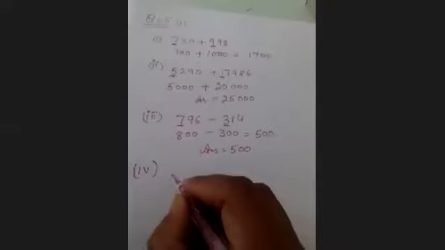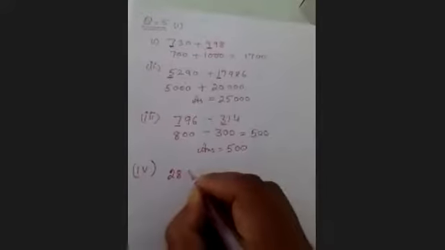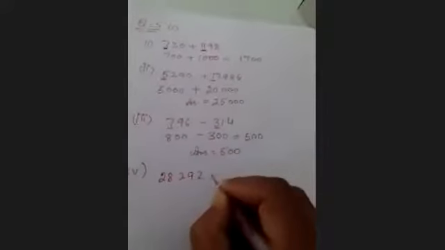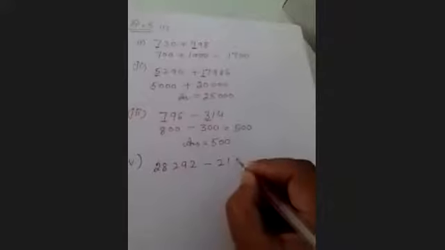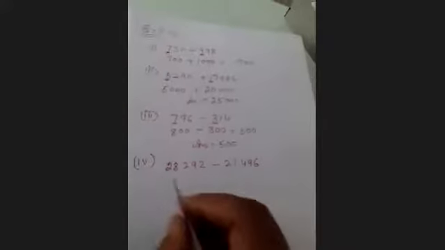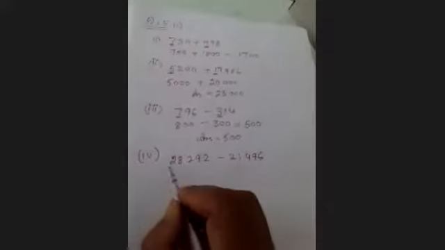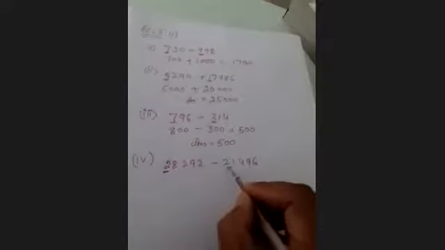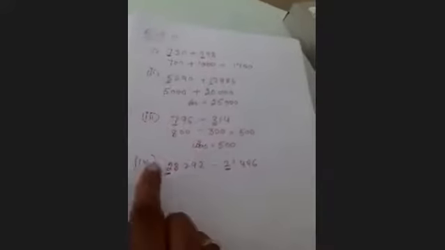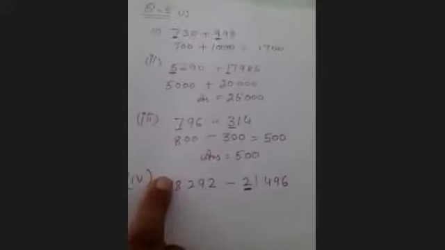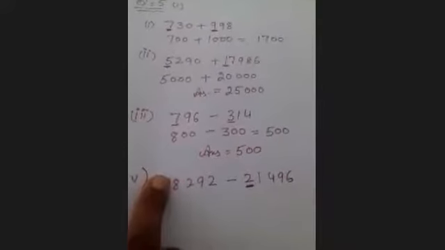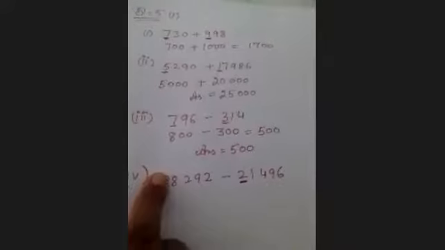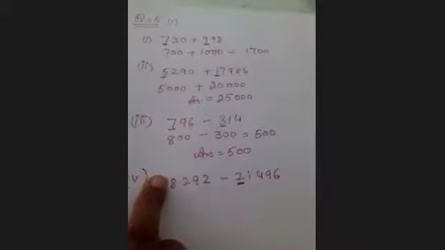Next is the fourth part. Now we have 28,292 minus 21,496. In the first number, our greatest place is 2. Put your finger on this and observe the next number. Next number is 8, so the nearest value will be 30,000.